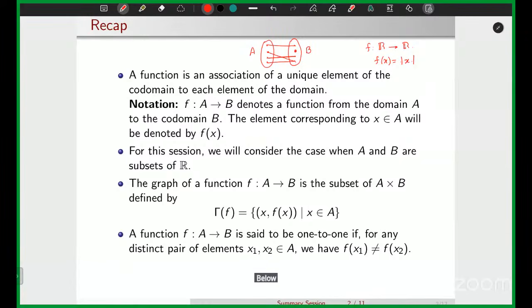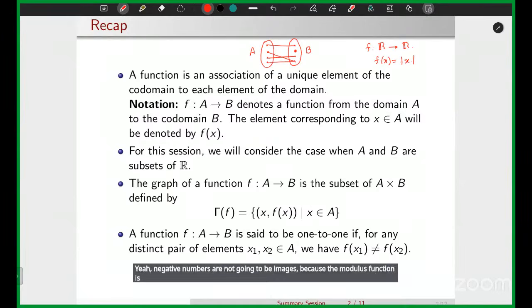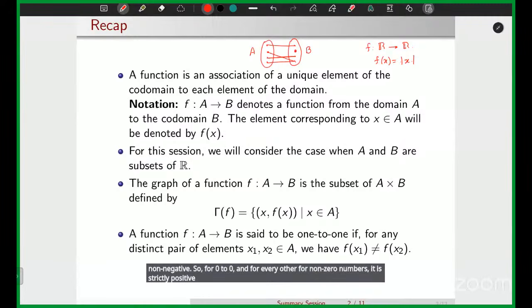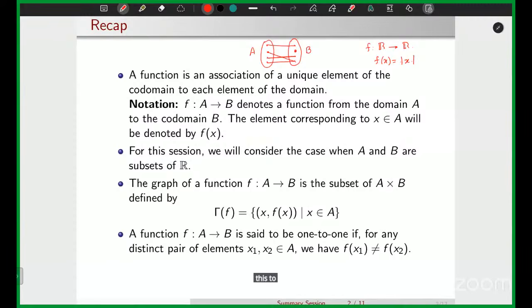Below 0. Yeah, negative numbers are not going to be images because the modulus function is always non-negative. So for 0 it is 0, and for non-zero numbers it is strictly positive. So you can never have the function value be negative.